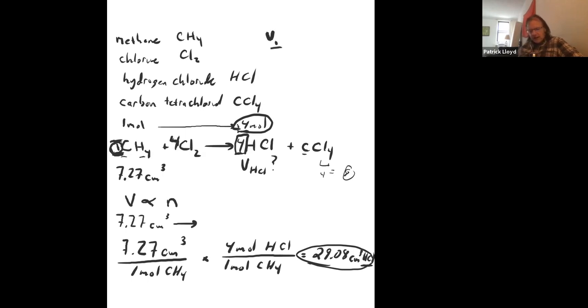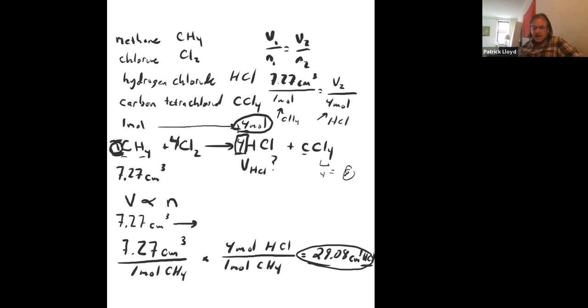V1 over N1 equals V2 over N2. Okay? So 7.27 centimeters cubed per 1 mole is going to equal V2 over 4 moles. Okay, so here's your HCl, and then here's your CH4.